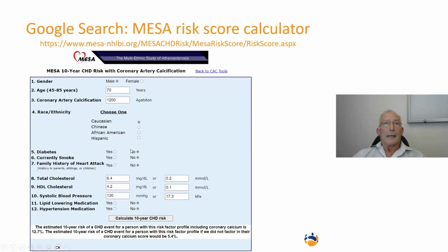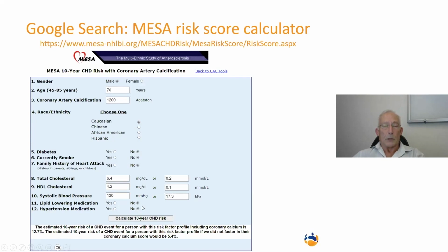However, for the Caucasian population, and it does actually apply to a large extent with the other indigenous population, it has greater emphasis on the use of the calcium score, which you put in, and you just put in the other measurements. You get your measurements here. It gives you your estimated 10-year risk of a coronary event is 12.7%.